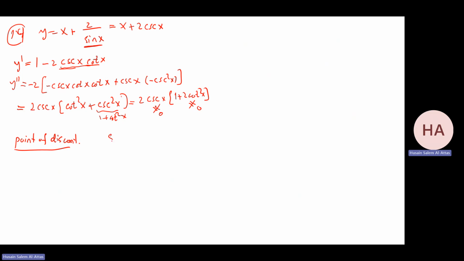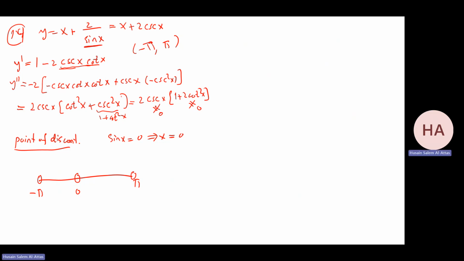I have it when sin x equals 0, which means x equals 0, since I have the interval open, minus pi to pi. So only 0. So I'll put 0 here, which is open. And this is minus pi, and this is pi.